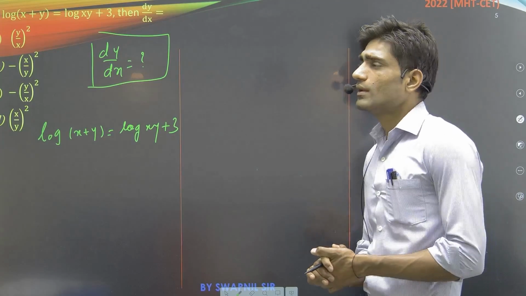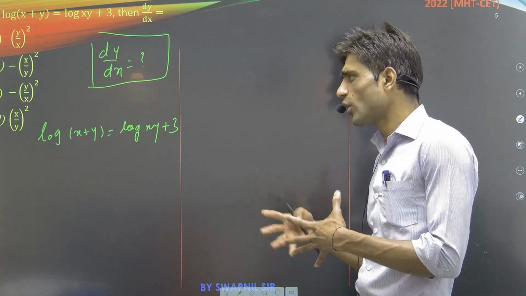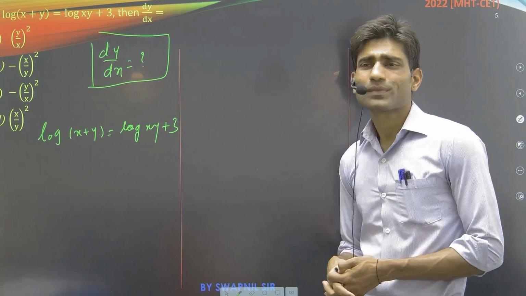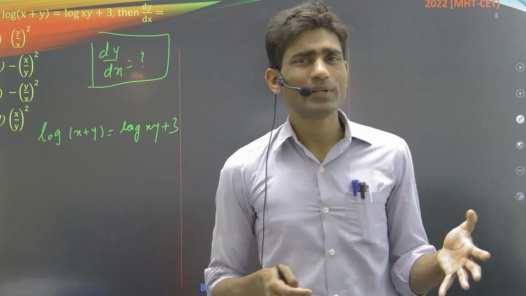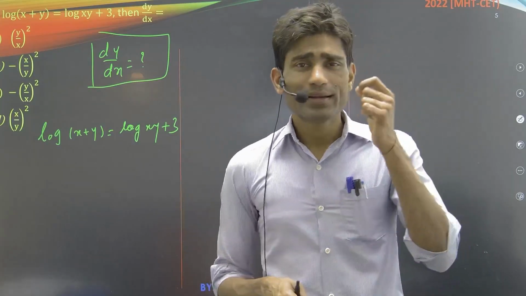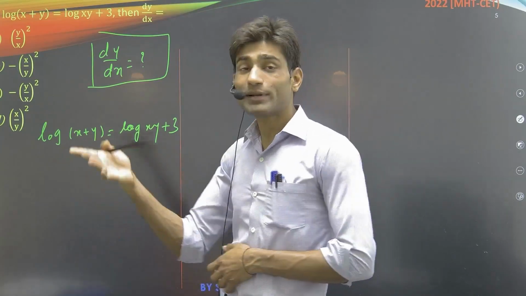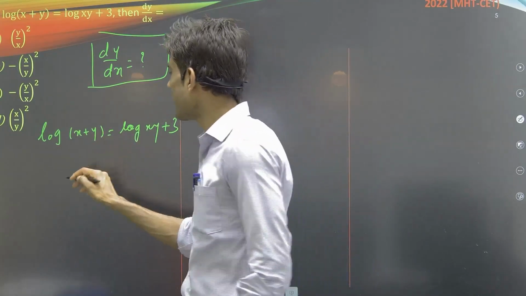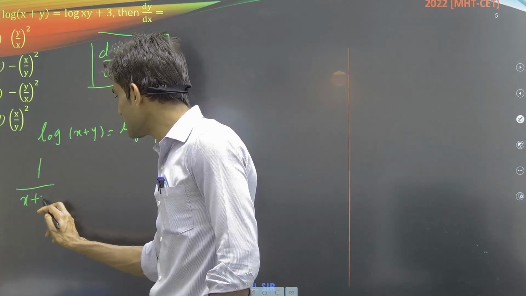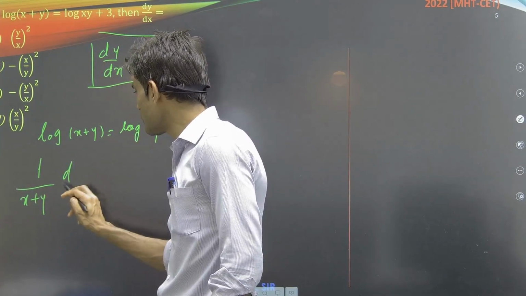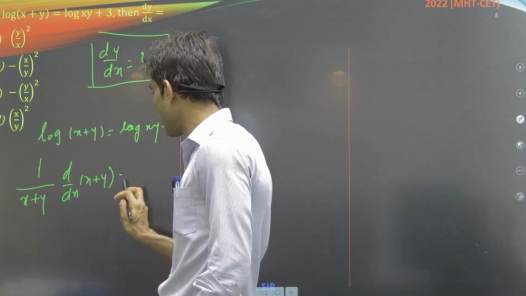Now in such a situation, you have log directly on both sides. You don't have to apply any logarithm, implicit, or parametric type of differentiation. Nothing is applicable. Go directly for their differentiation. Log of x has differentiation 1 upon x. That means log of x plus y has differentiation 1 upon x plus y into d by dx of the x plus y function, which is a composite type of differentiation.